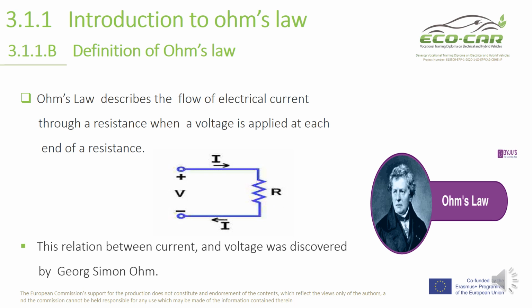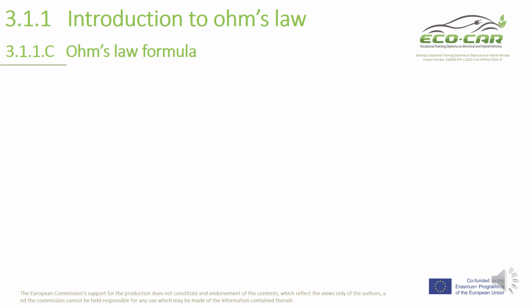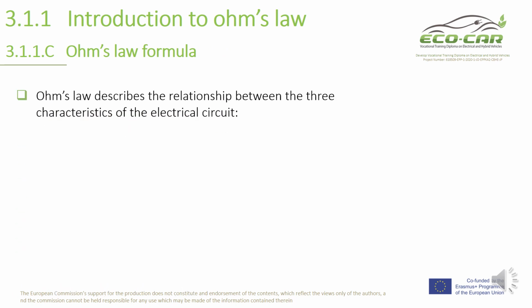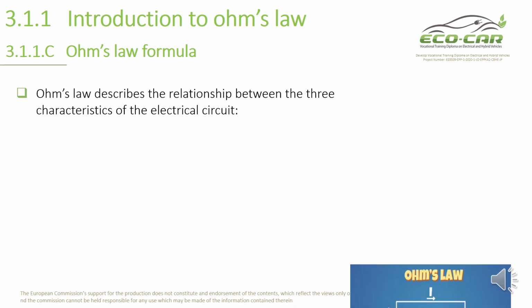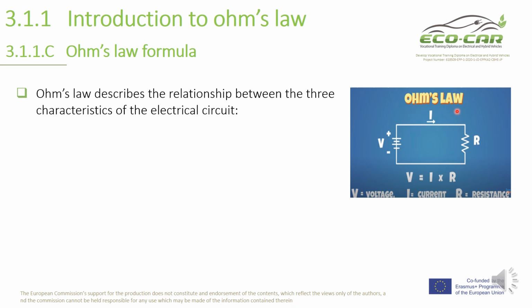Ohm's law formula. Ohm's law describes the relation between the three characteristics of the electrical current. This is a closed circuit. We have here a voltage, a current, and a resistance.